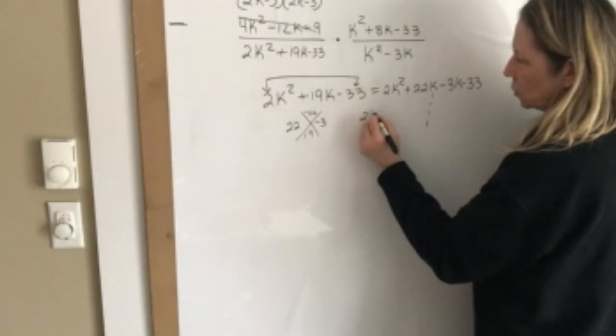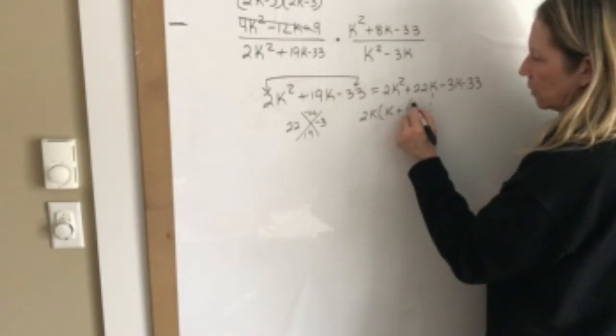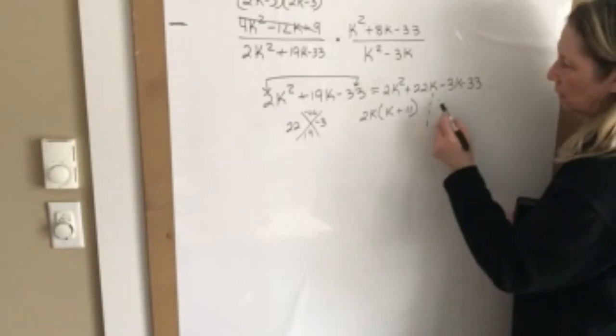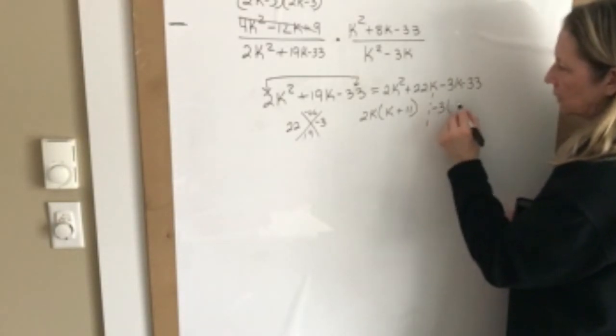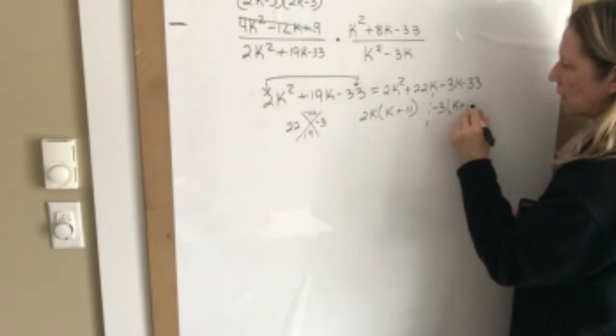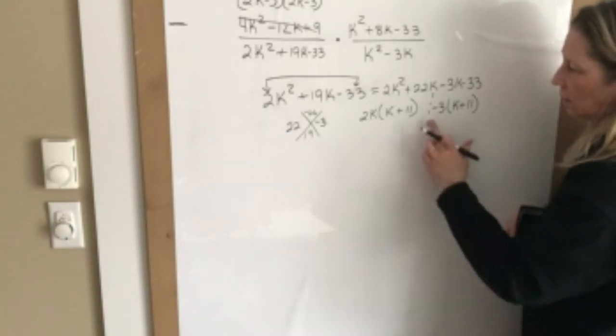So we take 2k out and we're left with k plus 11. How about over here? Again, we can take out negative 3 and we'll be left with k plus 11. Be careful with your negative signs here.